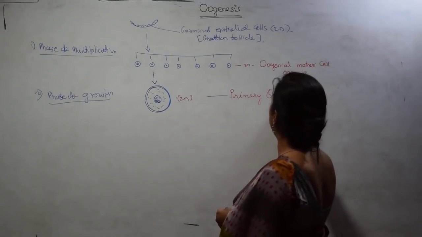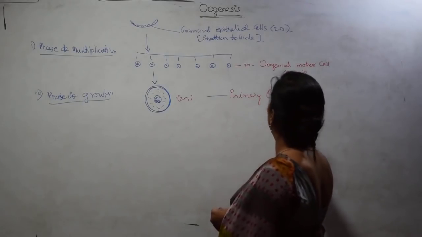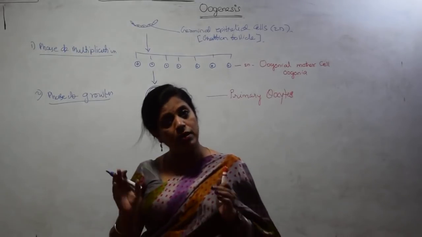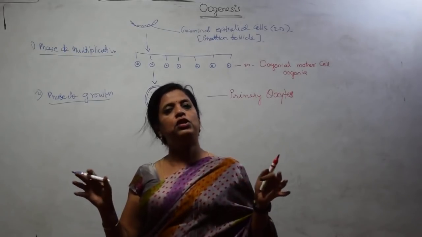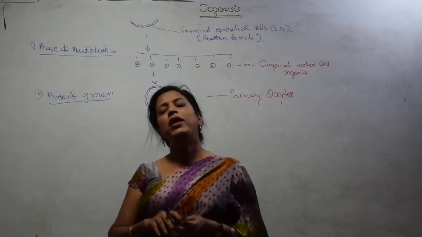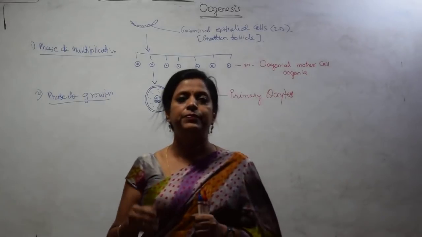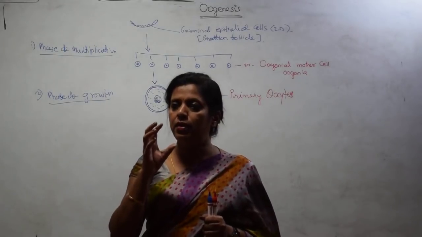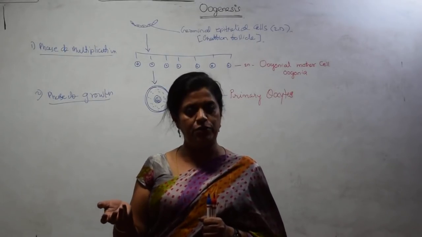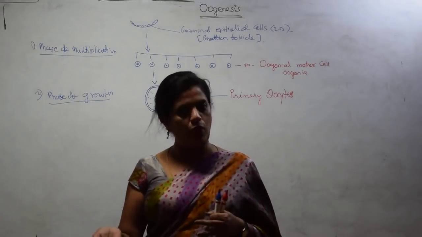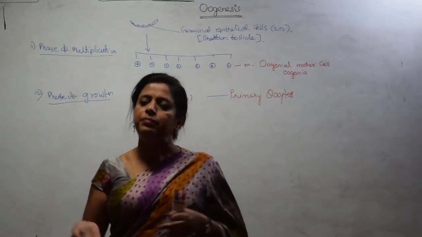The primary oocyte is again diploid in nature, and in other animals there is a huge increase in size, not in humans. Why? I will tell you some logic behind this. First thing is, whenever egg undergoes external fertilization, imagine with frogs, eggs are released into the water by the female frog.